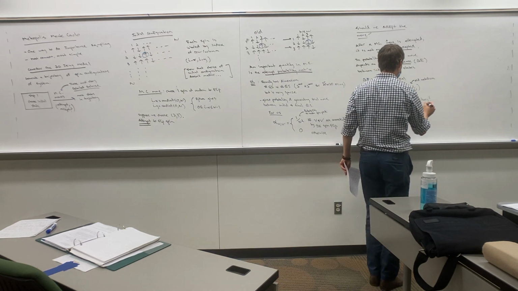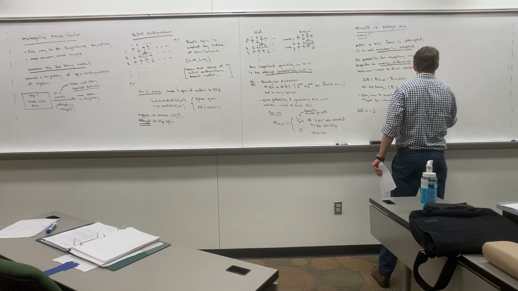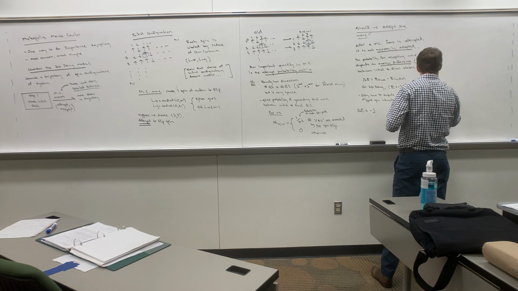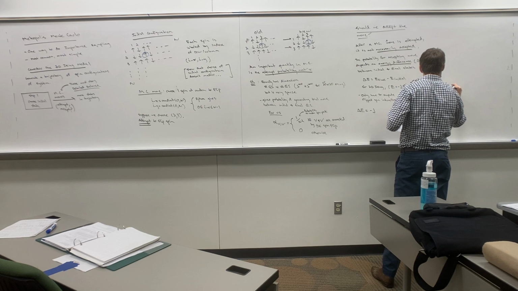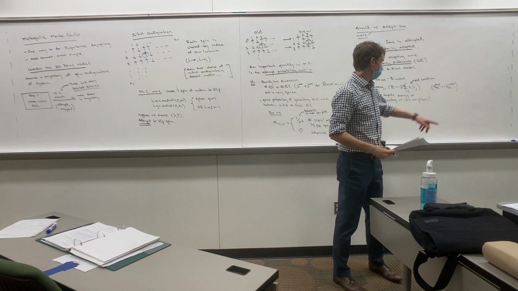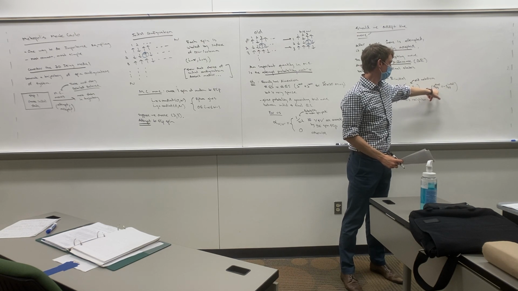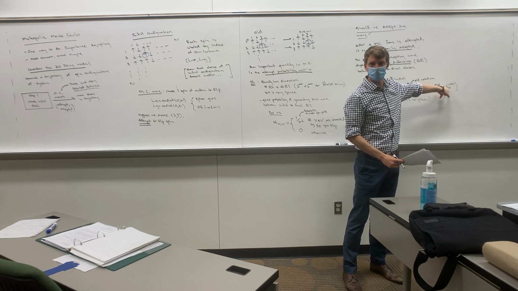Let me note something else, right? Because I'm flipping it, S23, what notation am I using? Final equals minus S23 initial. Right? It's either 1 or negative 1, and so I'm flipping it, and so I just get the final spin equals negative the initial spin.